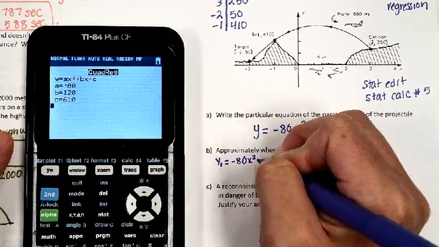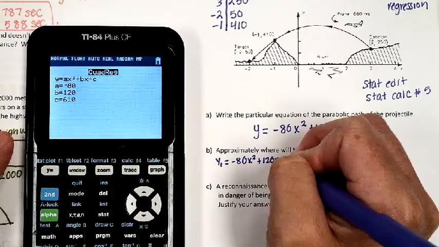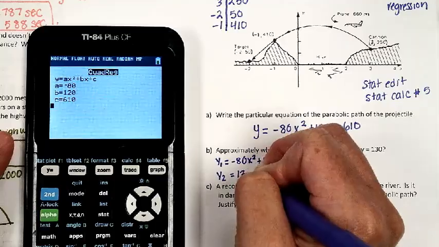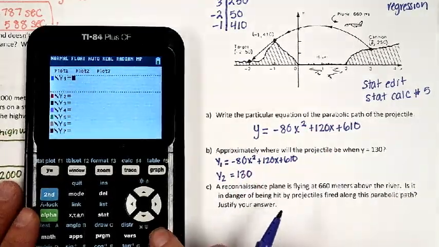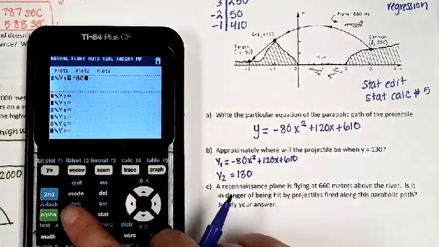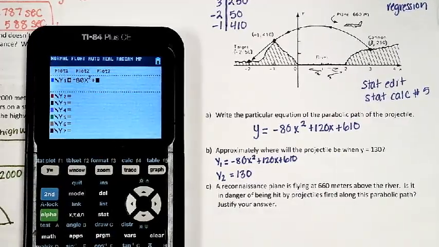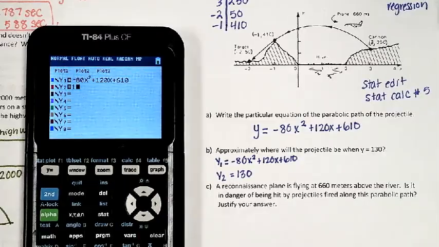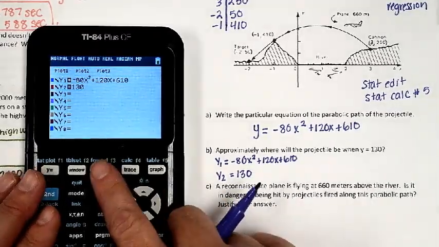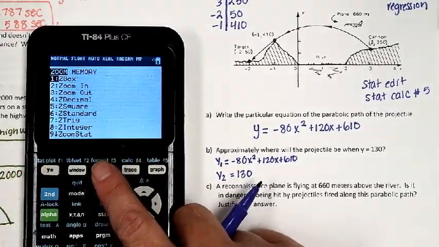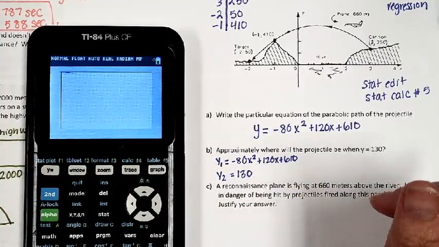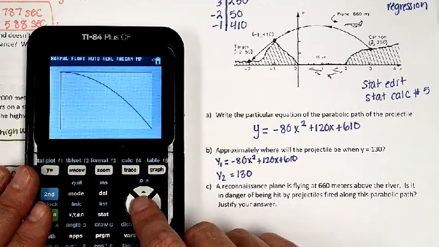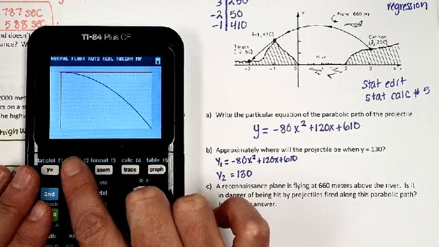So for this one, you can kind of look at your graph to see which we need for the min and max.